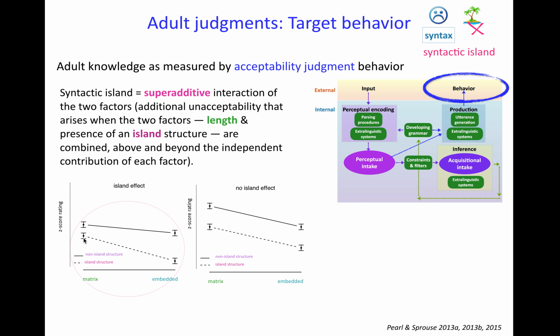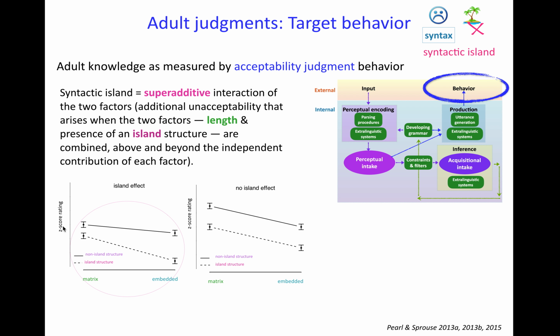You maybe judge it less acceptable, right? And you can see that over here on this other graph, the potential no island effect, which we'll talk about in a moment. But you have some acceptability that you give your non-island structure utterance, and then the very same utterance, you haven't changed the length of the dependency, but just having that island present drops it down this amount. Okay, that's one impact, right?